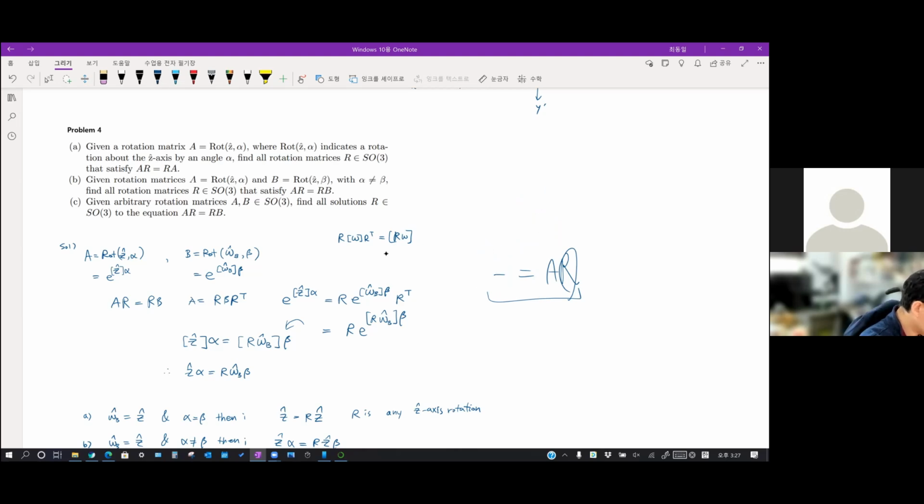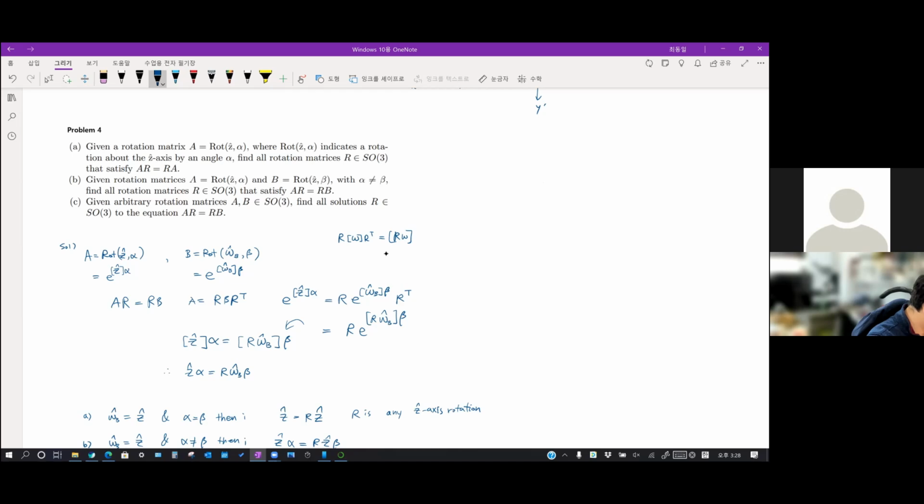So firstly, we can define this A matrix as some B matrix, and A matrix is known as like this, and we can transform to exponential coordinate.